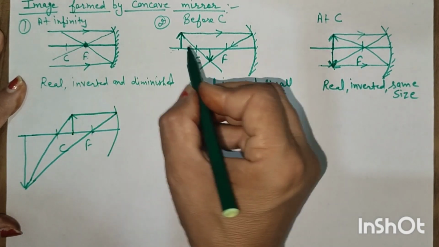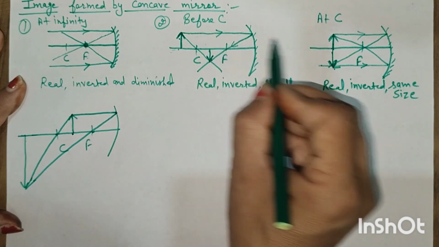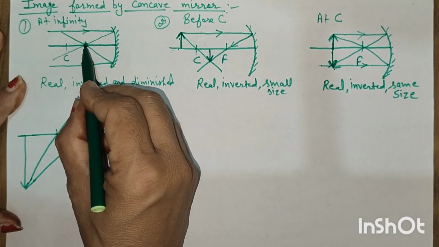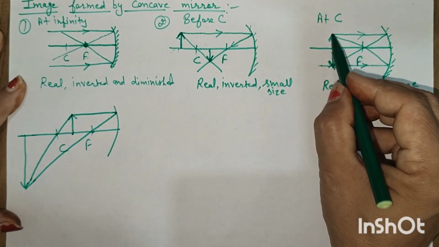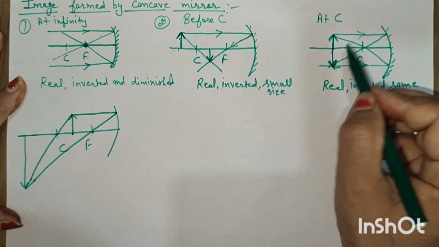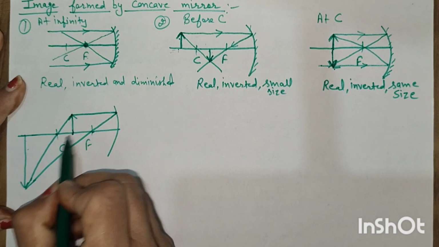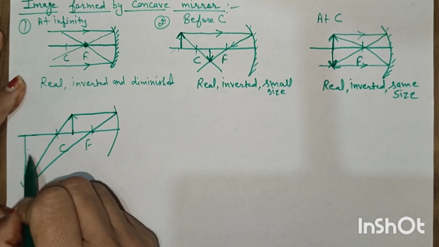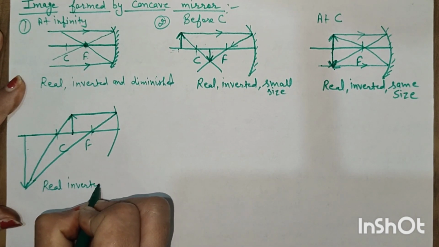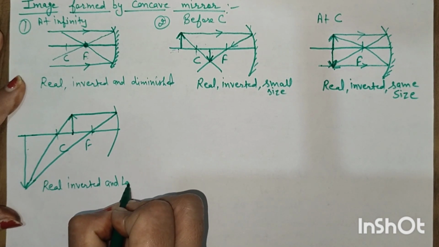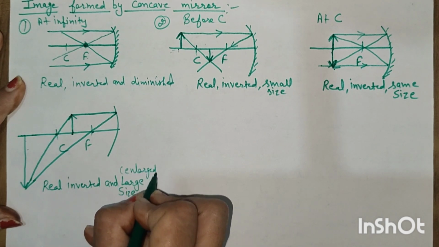And you can see that when we move the object towards the reflecting surface, the image moves in a similar way: first at infinity, then when we take the object before the C, the image is after the C, then when we take it at C, the image is at C, and when the object is after the C, the image is before the C, and the image is real, inverted and large size, or you can say enlarged.